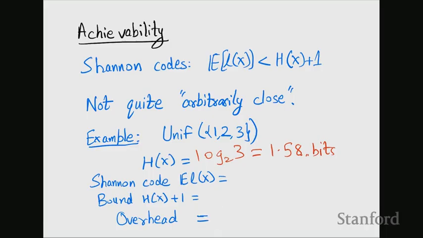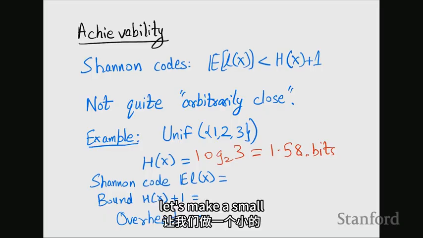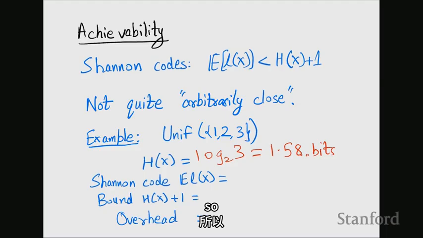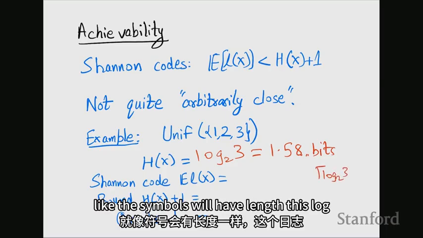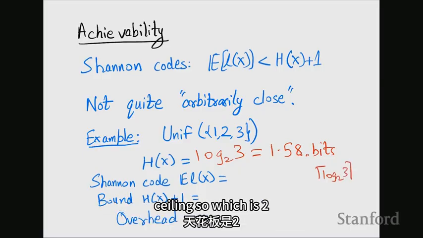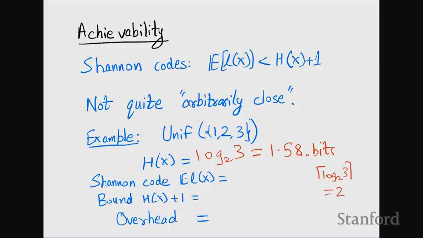Let's make a Shannon code. We have time. Let's make a small one. For Shannon code, the symbols will have length log 3 ceiling, which is 2.